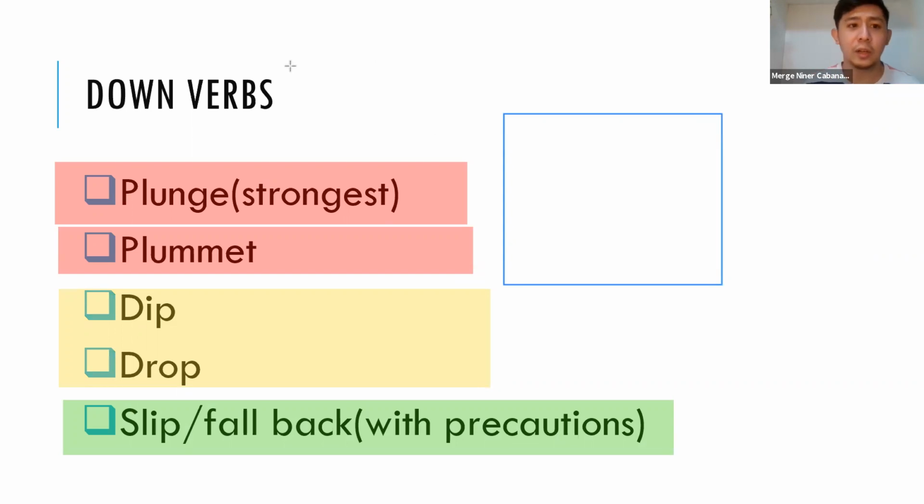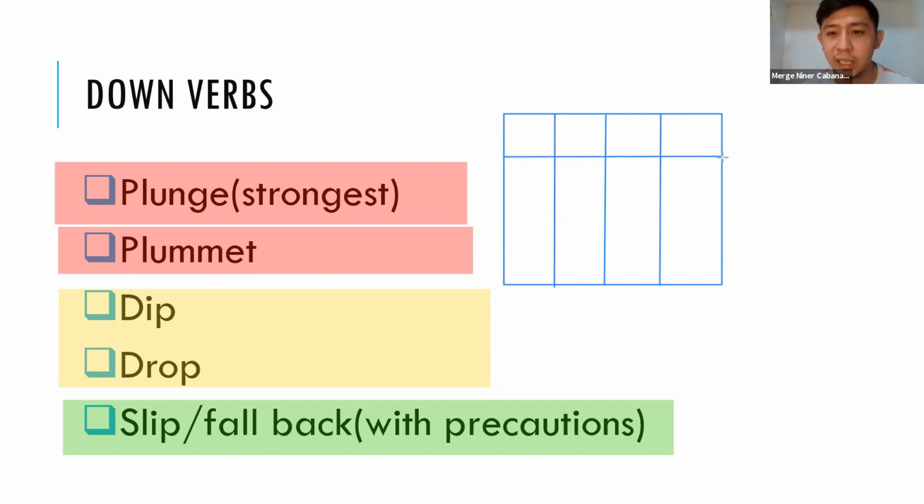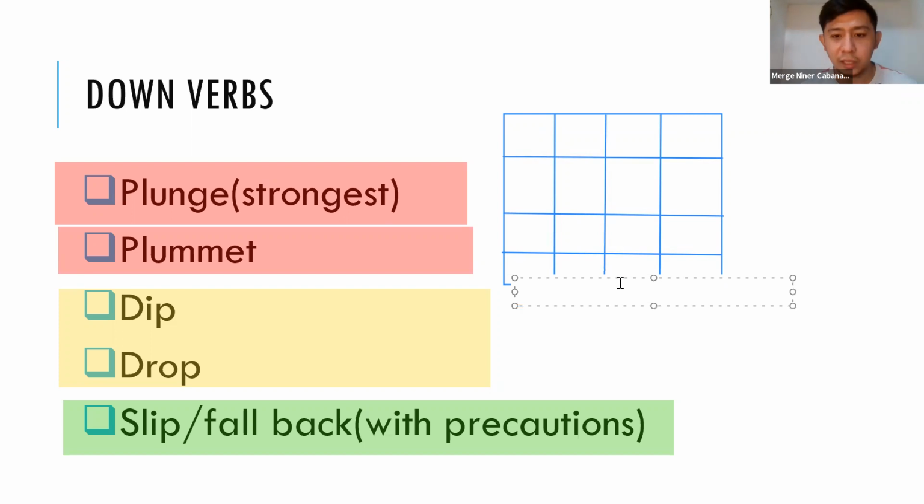All right, so I will first draw some grids right here. Bear with me, guys, okay? I want you guys to focus here. So let me just divide this into graphs. So when I say slip and fall back, this is what I mean, okay? I'm sorry if my lines are not very straight. So I'm going to write a text right here.